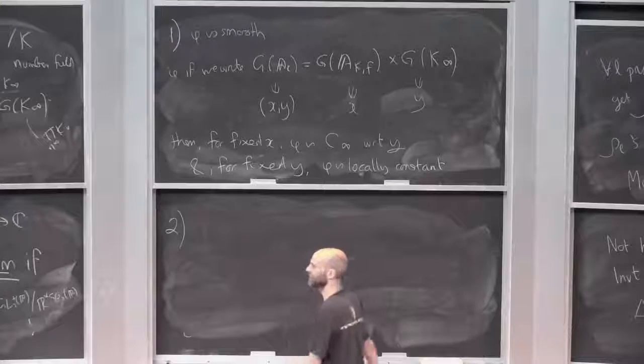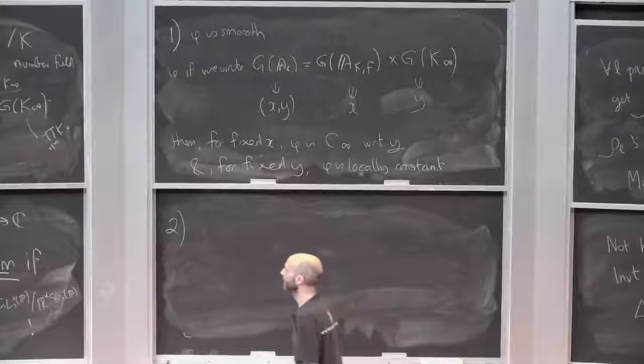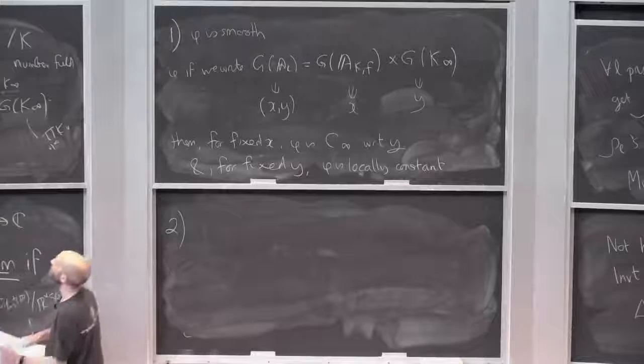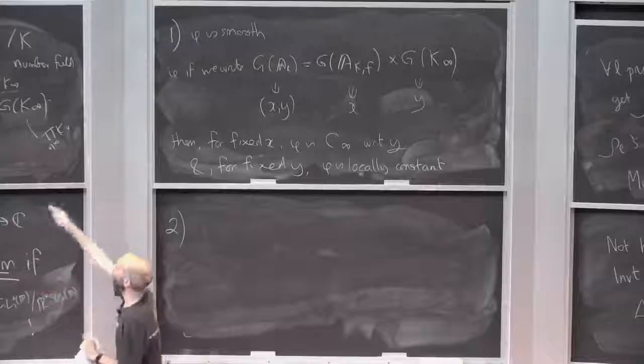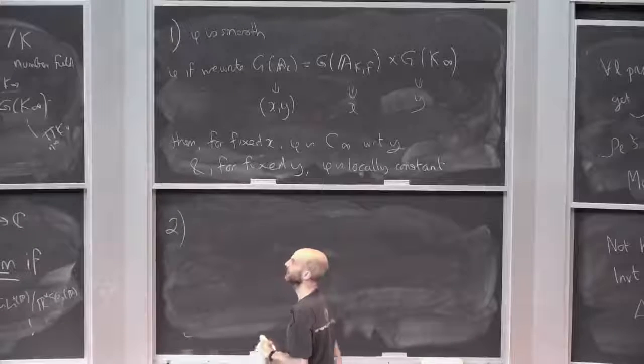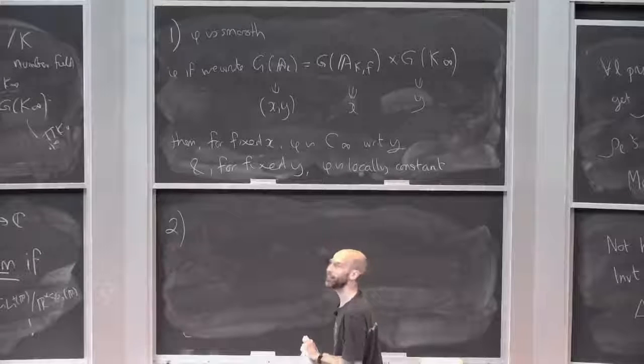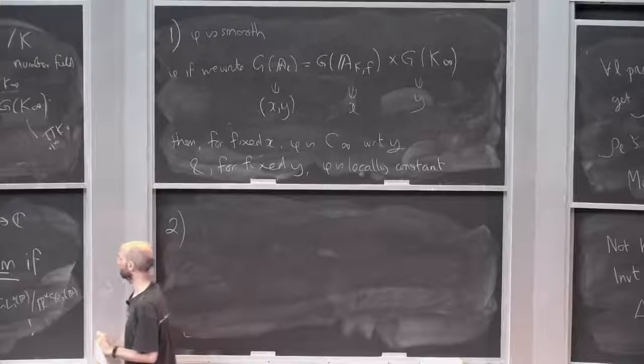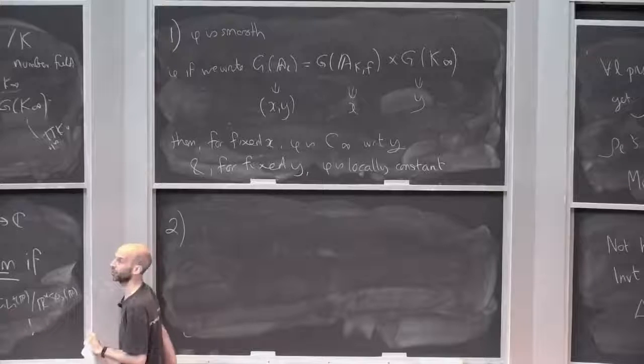Deligne wrote down the axioms for a Shimura variety. So here's how you prove the global Langlands conjectures. Take G a connected reductive group over a number field, and then assume that G satisfies Deligne's axioms for a Shimura variety, which means in particular that things like this have got a complex structure.